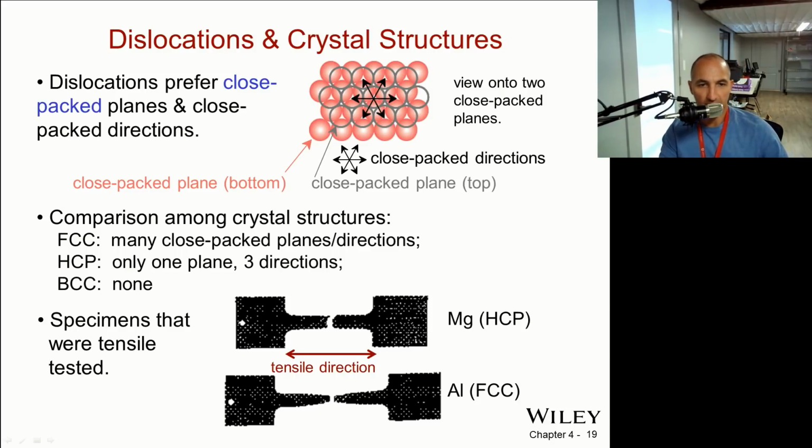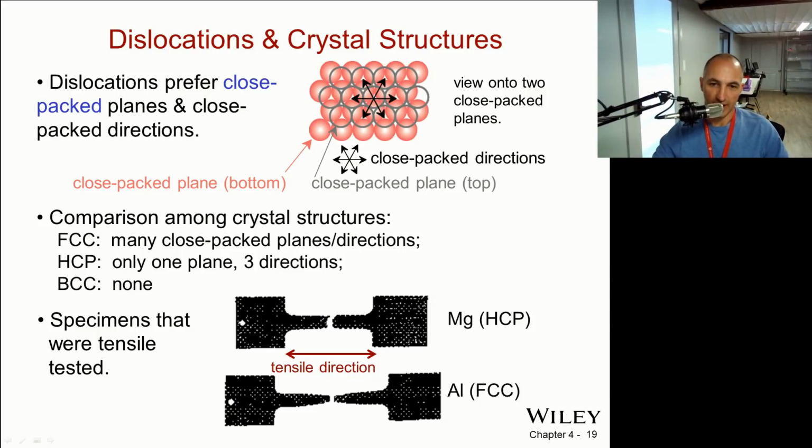So, the comparison among crystal structures. FCC has many close packed planes and directions. HCP has only one plane and 3 directions, and has no other close packed planes.